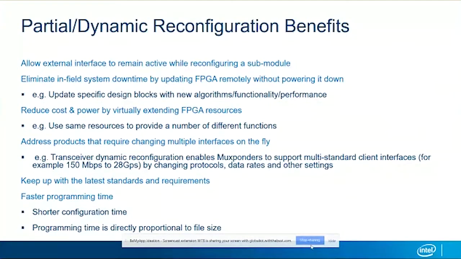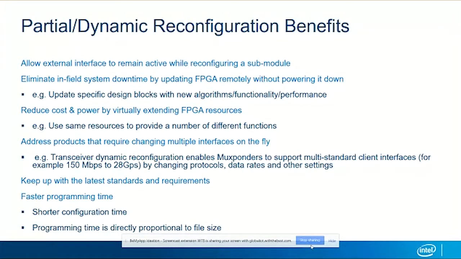It's very useful in the case where if you've got multiple interfaces that you want to change on the fly, you can combine the dynamic reconfiguration capability of the transceivers together with the partial reconfiguration capability of the core logic to implement a different standard, for example, change into different variations on Ethernet.